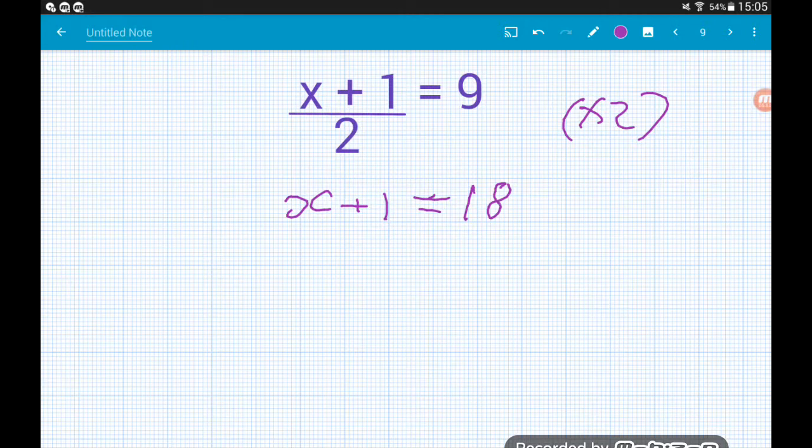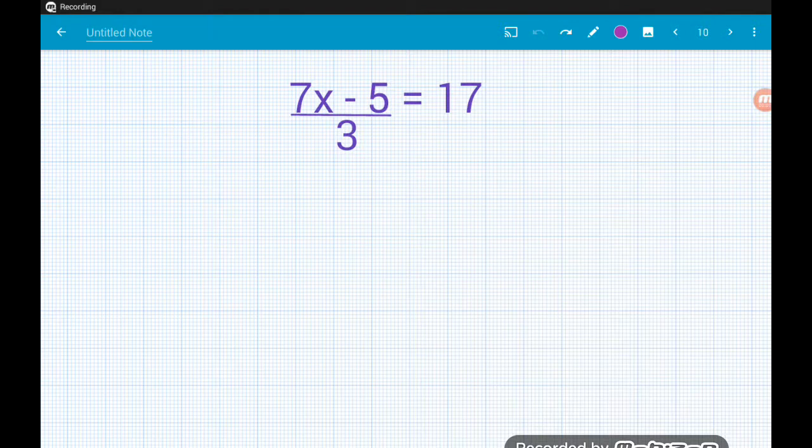Again, remember the x and 1 don't get multiplied by 2 because they're already being divided by 2, so we've simply cancelled out that division by a multiplication. And then there's one final step for us to do here, and that is to subtract the 1 from both sides. That's going to leave us with x equals 17. Job's a good one.